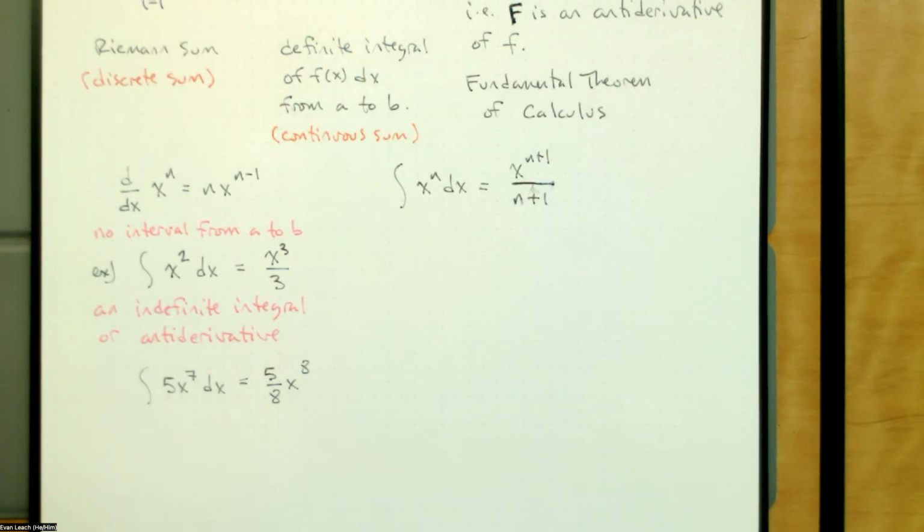Usually if it's just a 1 on top in the numerator, if it's a 1 as the constant, then we'll pull the factors of x up there and say x cubed over 3. But if there's something else in the way, then we write 5/8 x to the 8. I don't know where this comes from. It's just what we do. Some people will write 5x to the 8 over 8, and I think that looks weird, and I hope you do too.